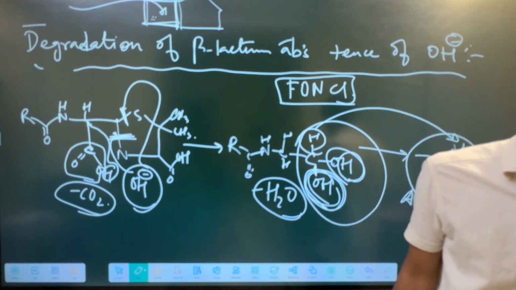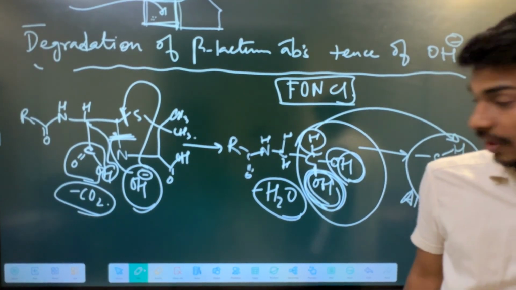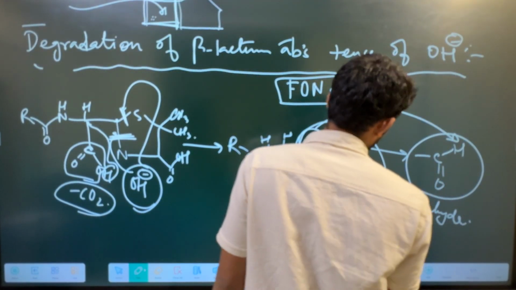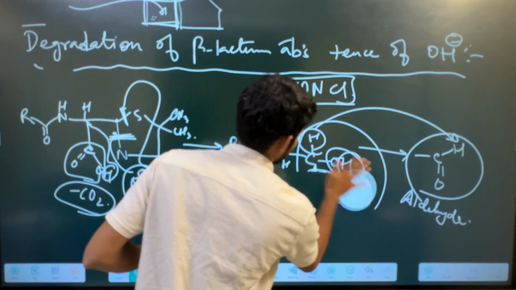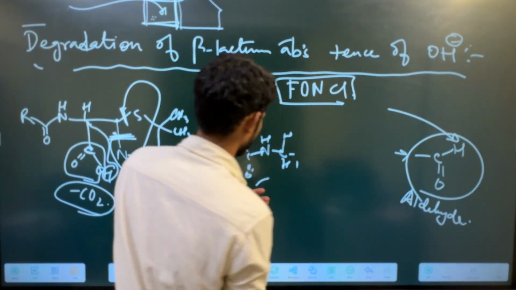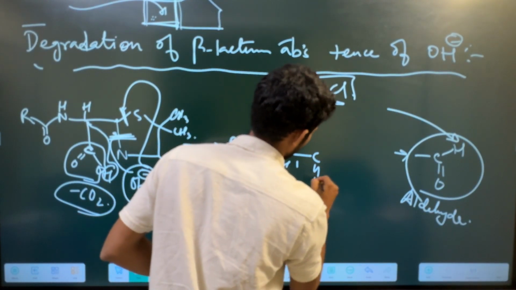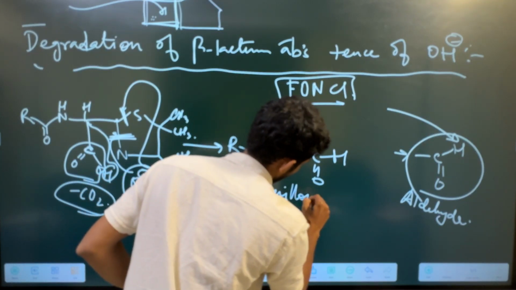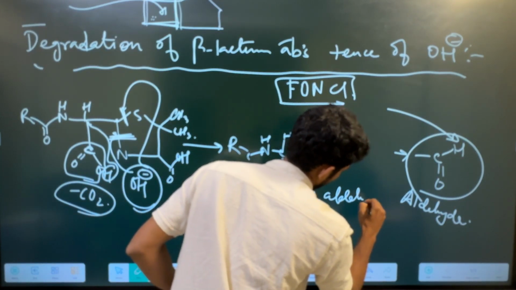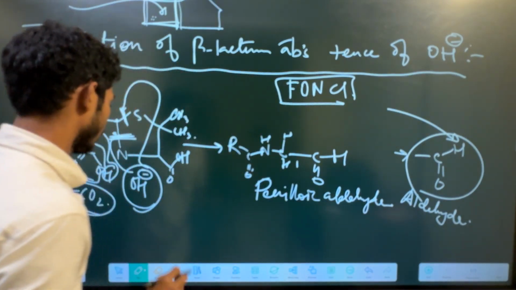Okay. What is it called? Penilloic aldehyde. And the structure of penilloic aldehyde is like that. C double bond O, single bond H. That is called penilloic aldehyde.